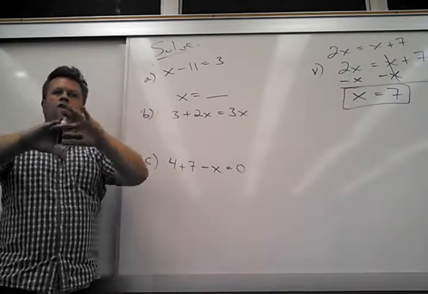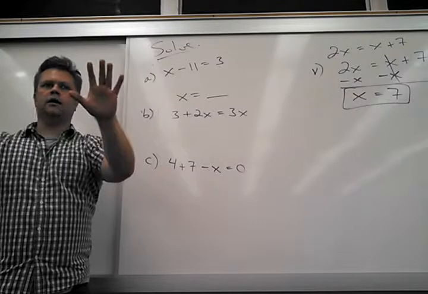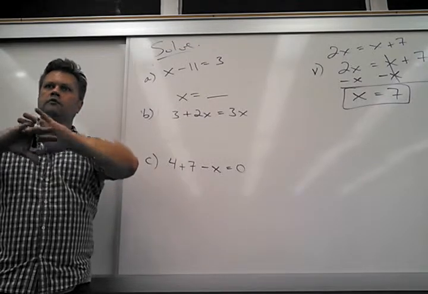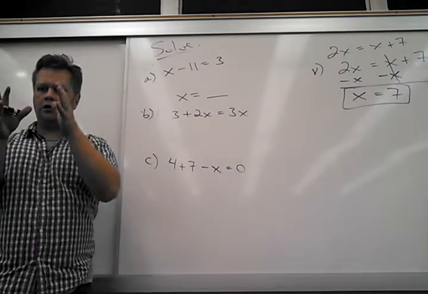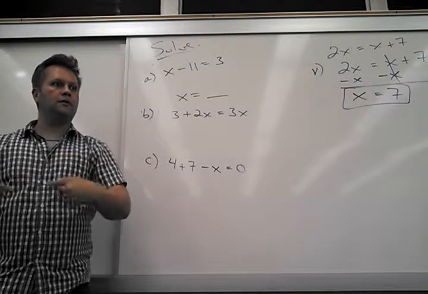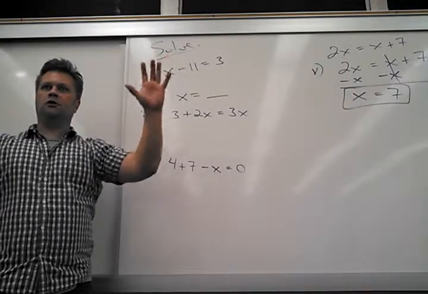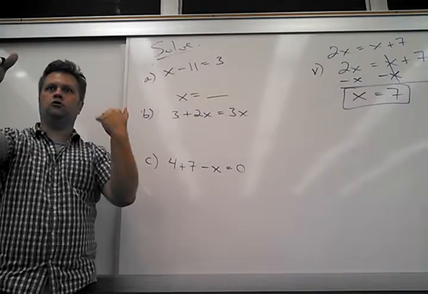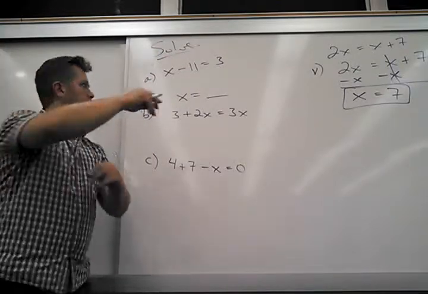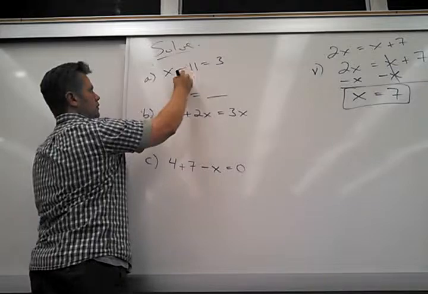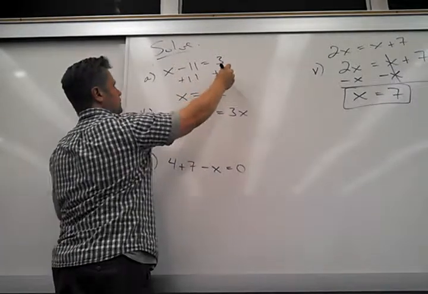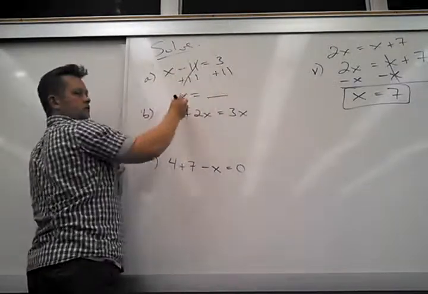And the funny thing is, I'm teaching my calculus students right now, and it's the same idea. Whatever operation I see, I do the opposite operation. Now they just know a lot more functions than we know, but it's still, whatever it is, I do the opposite of it. Right now it's minus 11. If I add 11 to both sides, these cancel.